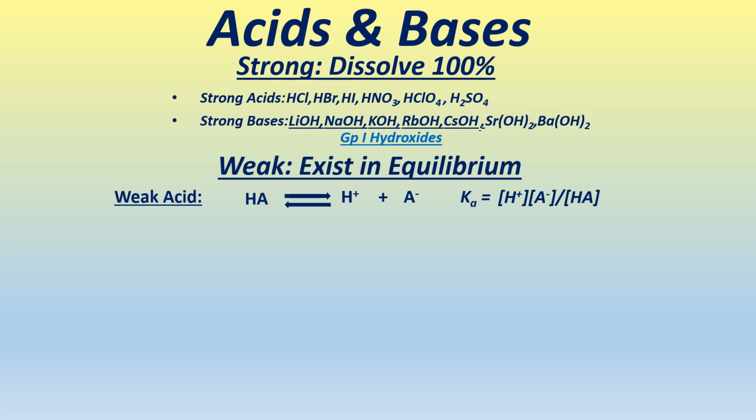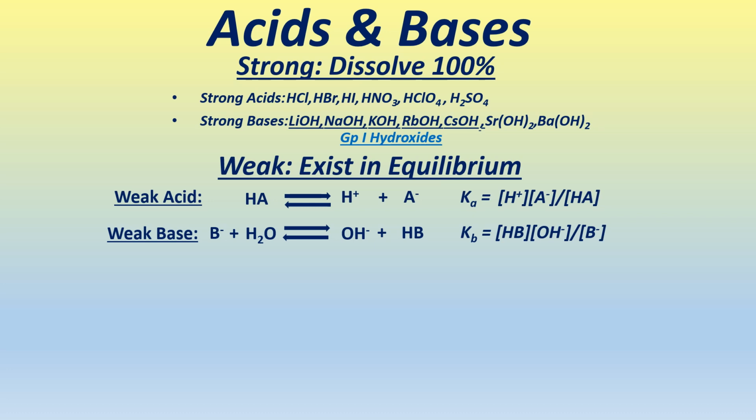Similarly, any weak base, A minus, when placed in water, will attract a proton to give you OH minus and HA, again described by an equilibrium constant, in this case the base dissociation constant, products over reactants, with the water as the solvent not included, symbolized conveniently with a lowercase b.